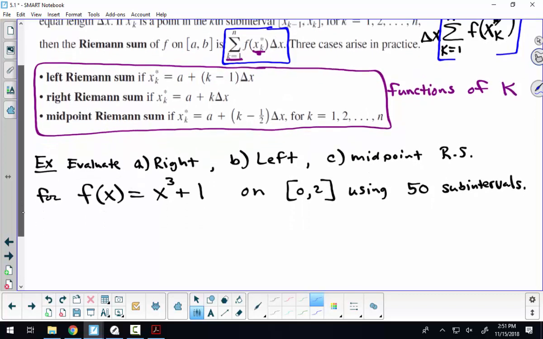So let's put this into practice and evaluate right, left, and midpoint Riemann sums for x cubed plus 1 on the interval from 0 to 2 using 50 subintervals. Now we're getting into the realm where it's kind of impractical to start drawing things out.